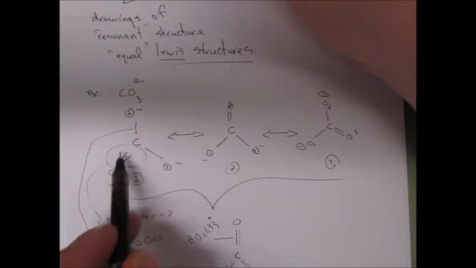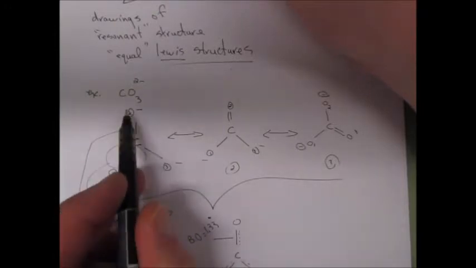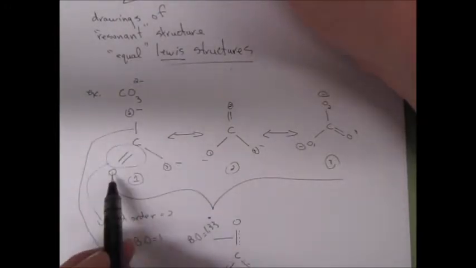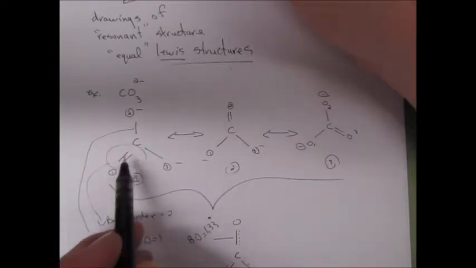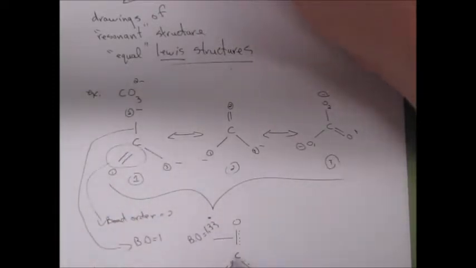Because you have 4 available sticks amongst 3 kids, or 3 oxygens. And if they equally share the 4 sticks, you're going to get a 1.33 bond. It's not a single bond, it's not a double bond, it's a 1.33 bond. And they're all equal. So they divided the remaining 4th stick equally amongst themselves. They each got 0.33 of a bond.